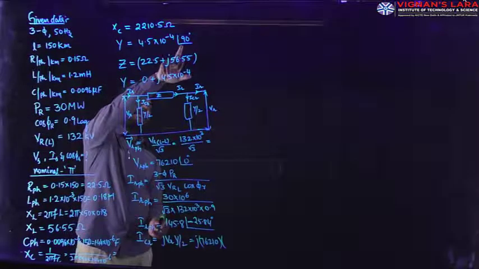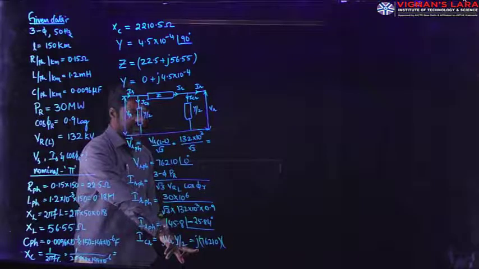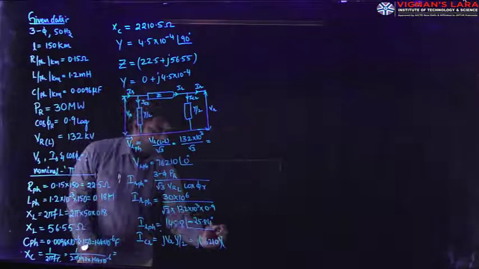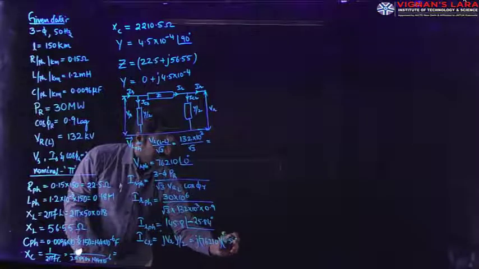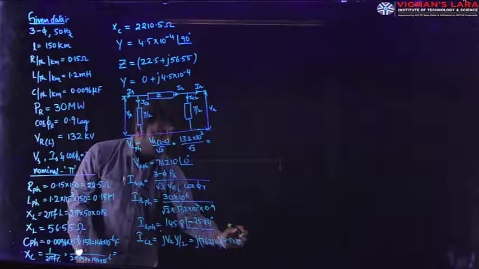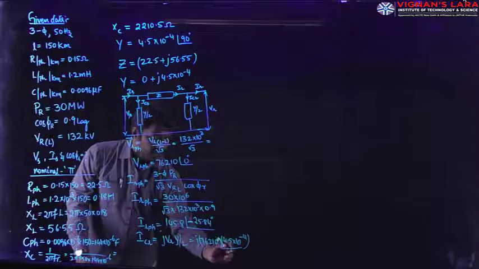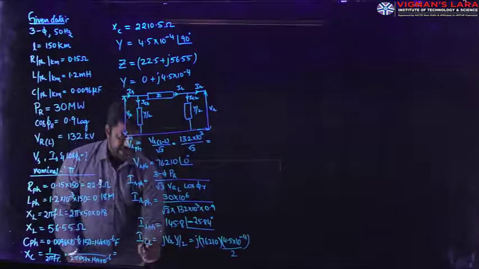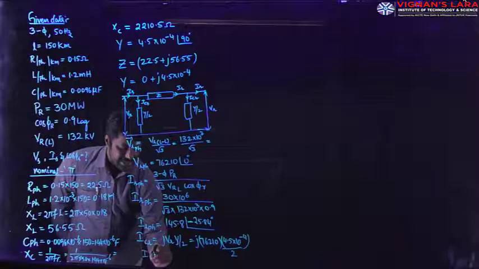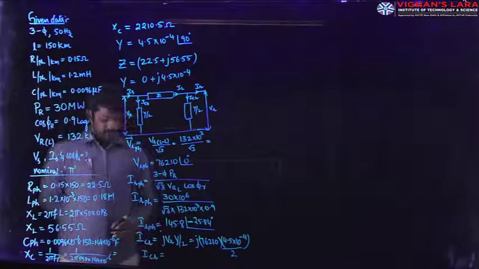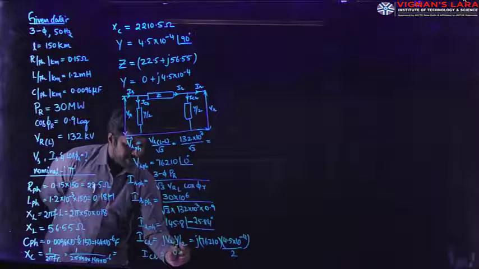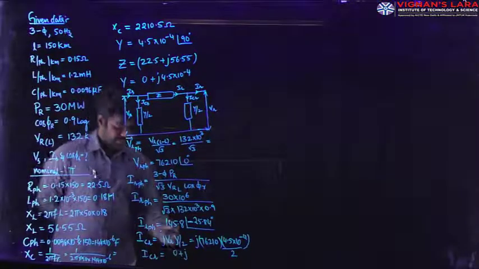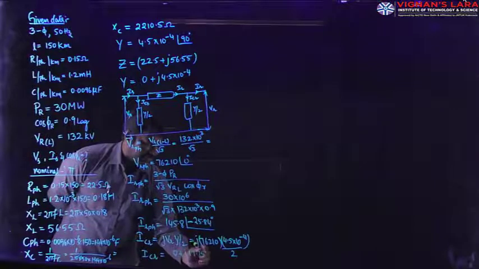Since it is at plus 90, I have already shown it with J notation as plus J, so no need to put plus 90. But what is the magnitude? The magnitude is 4.5 into 10 power minus 4 divided by 2, because it is the Y by 2 value. Then I will get ICR, the current on the receiving end side, equal to 0 plus J 17.15 amperes, because it is only a 90 degree angle leading current, so plus J.